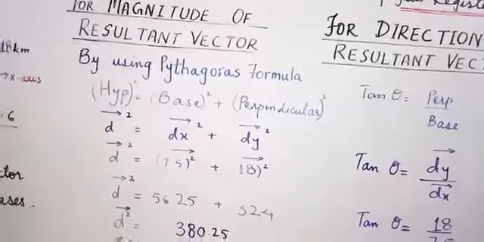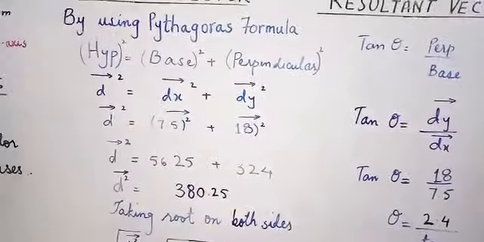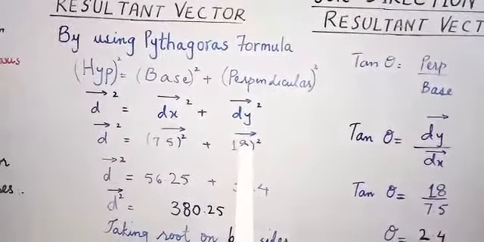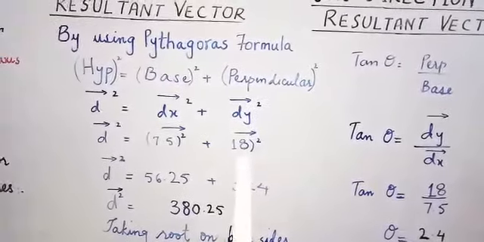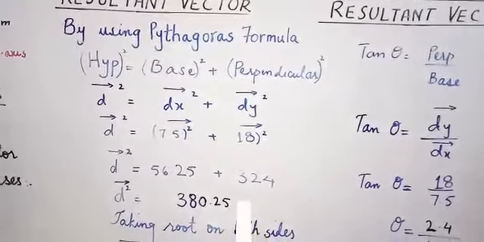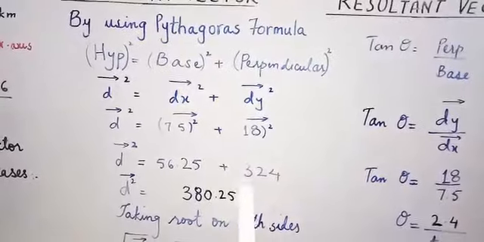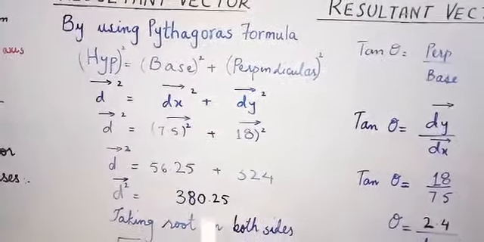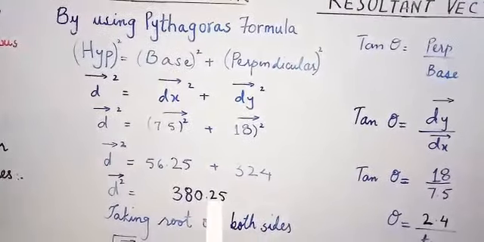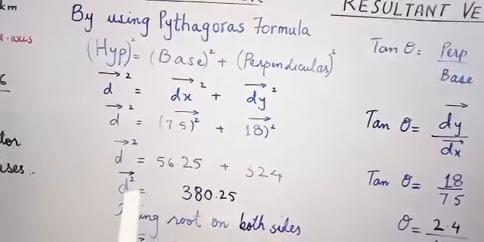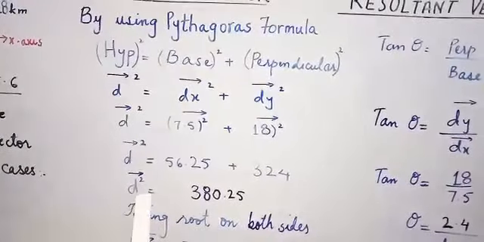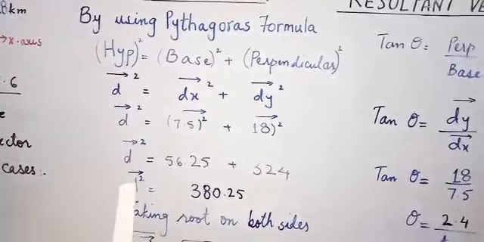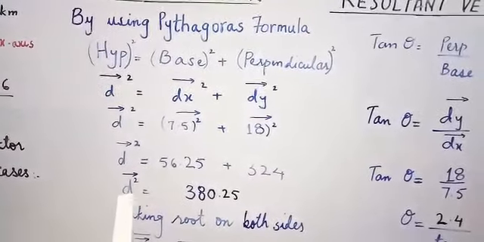When we take the square of 7.5, it becomes 56.25, and when we take the square of 18, it becomes 324. Adding 56.25 and 324, we get 380.25. The working is still left because this is d square, so we will take the root on both sides in order to remove the square from the d.